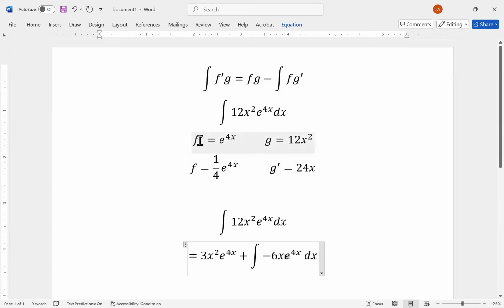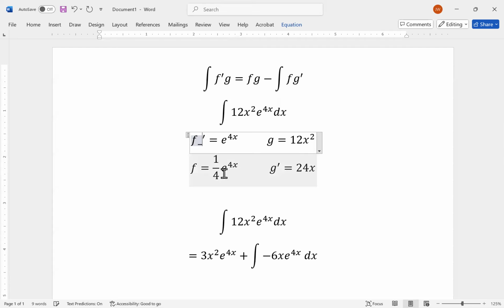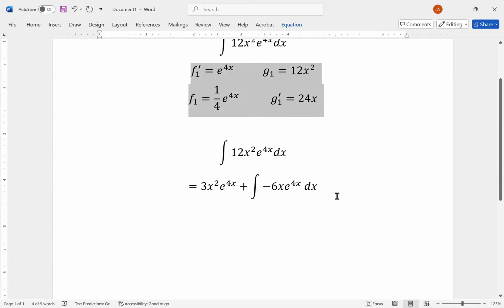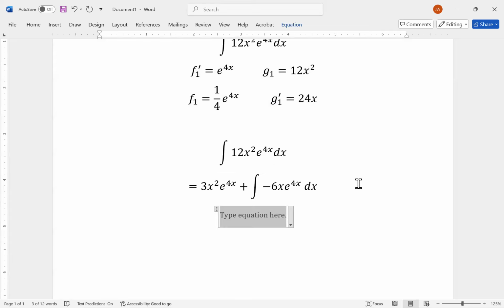So basically, what I've done is one integration by parts with an f1 and a g1, essentially. And now I'm going to create a whole other integration by parts using an f2 and a g2, a second integration by parts.